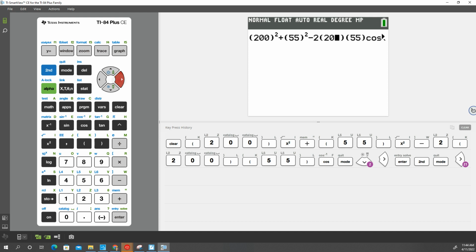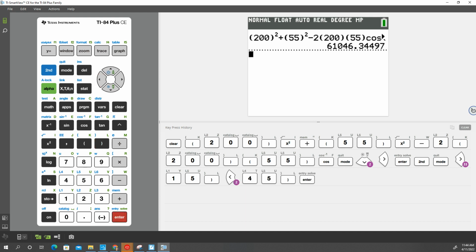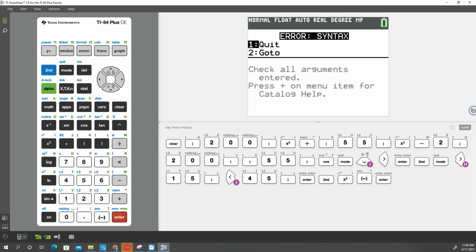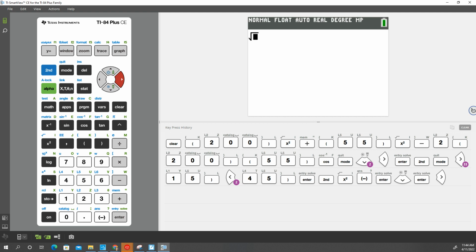Okay, so once I get this, I'll have to square root it. I typed it in wrong, I didn't catch my 4. Okay, there. There's that magnitude of the resultant vector.